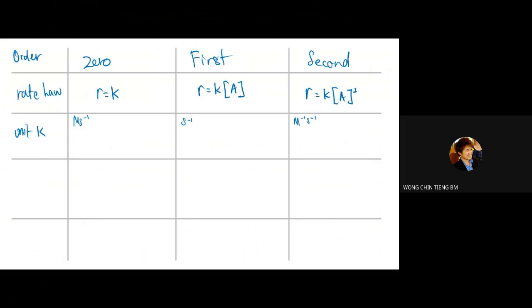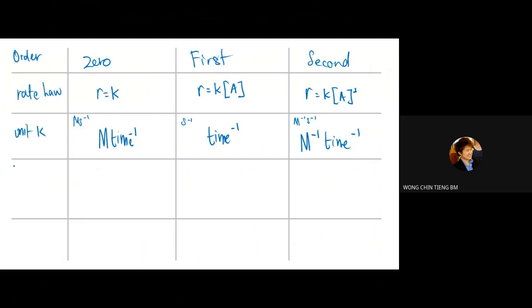Kelas setuju? Setuju. Saya ajar macam tu ke? No. Olivia? Molar time^-1. First order? Time^-1. Second order? Thank you. Why? Olivia? Because time can be in various units. Siapa kata dia mesti saat? Okay, we talk about that, remember?